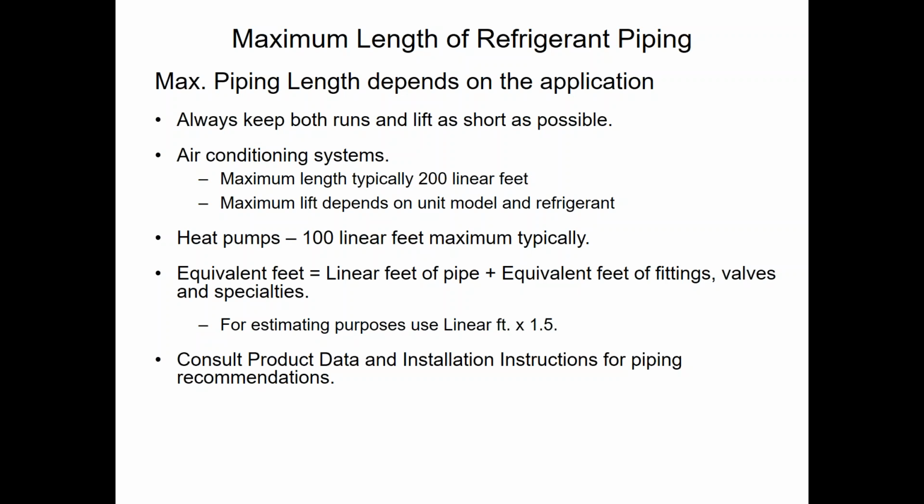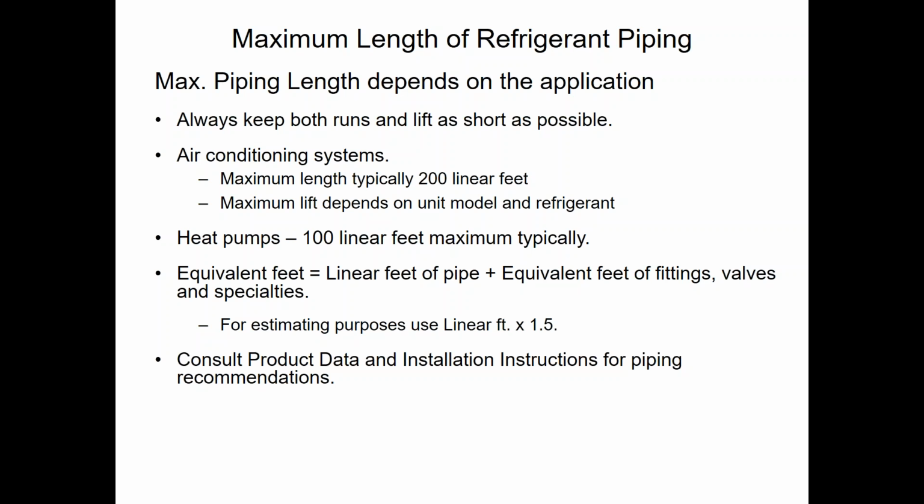Okay. So most of our charts are going to have both linear length and equivalent length. Linear length is just what it says. It's a linear length between A and B, measured length. Equivalent length, we're adding in the fittings. So every elbow, if it's a short radius 90, a long radius 90, a 45, whatever the fitting is, is going to have an equivalent length of pipe friction loss.